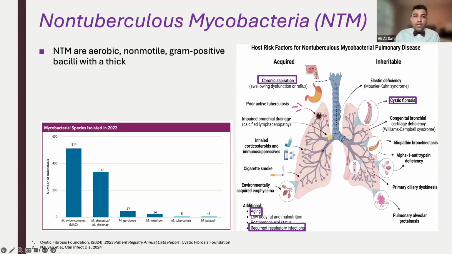The most common ones are MAC, or Mycobacterium avium complex, followed by M. abscessus and M. chelonae. And I could talk about NTM for a whole week because it's a very complex topic and very complex infection that requires at least a year of antimicrobial therapy.